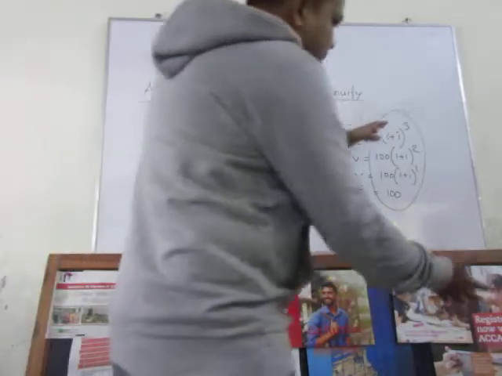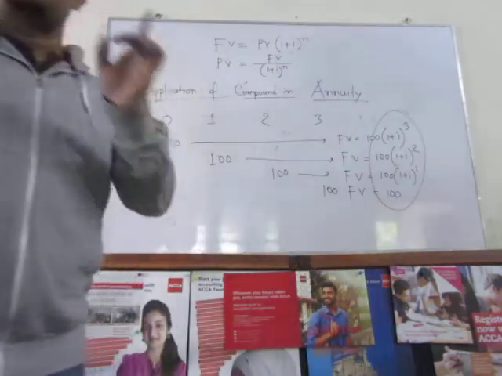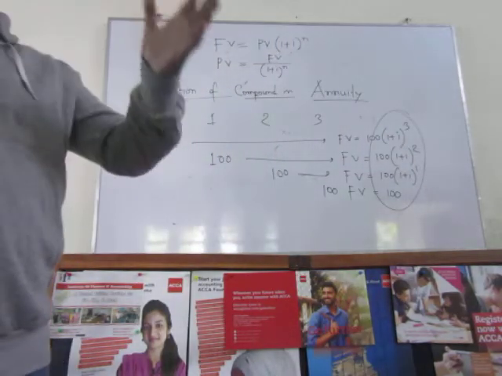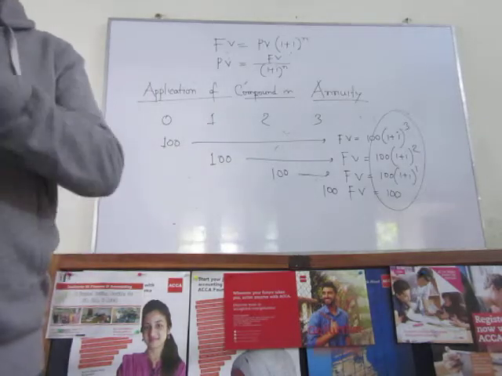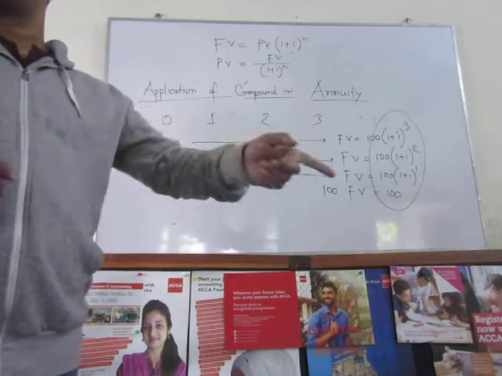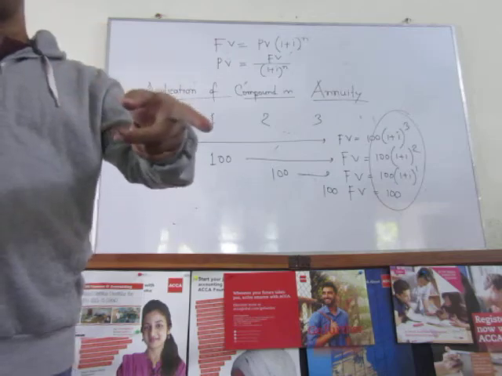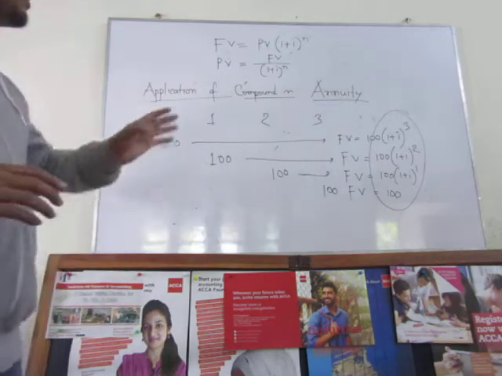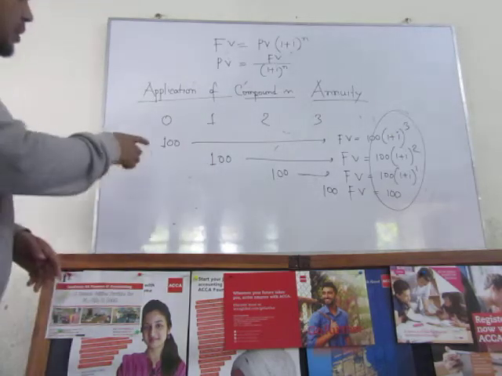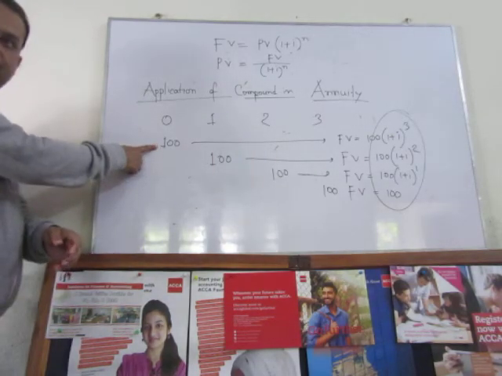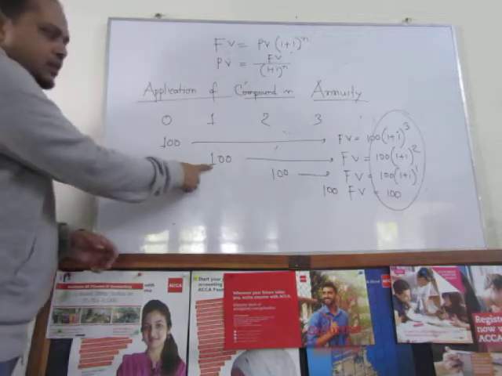If you sum up all these things, that will give you the total amount that you are getting at the end of 3 years, with your investment as well as some interest provided by the bank, right? So why are we saying this is an application of compound interest? Because this is a series of compound interest.